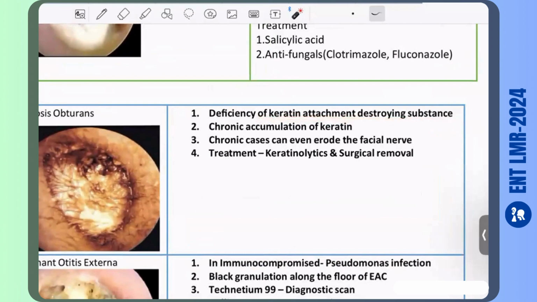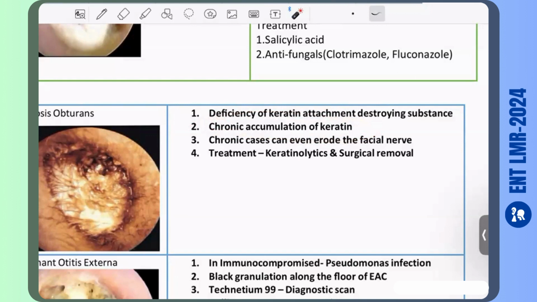This substance is supposed to shed the wax from the ear. If it is not present, the keratin will get accumulated in the ear. Chronic accumulation of keratin is called keratosis obturans.